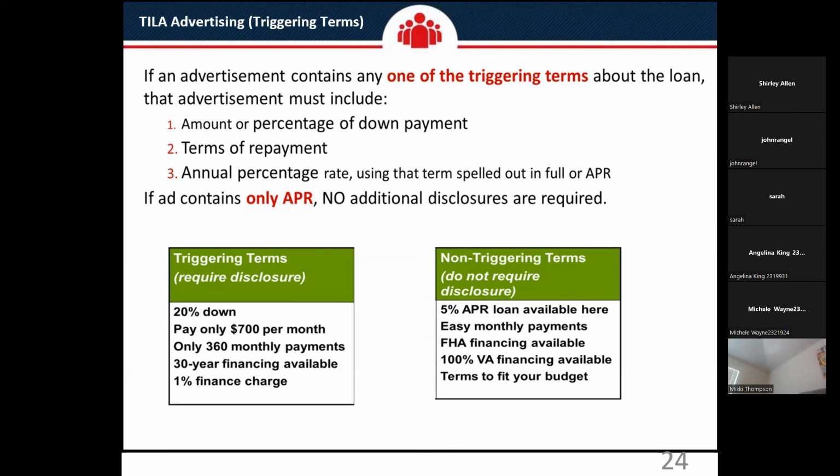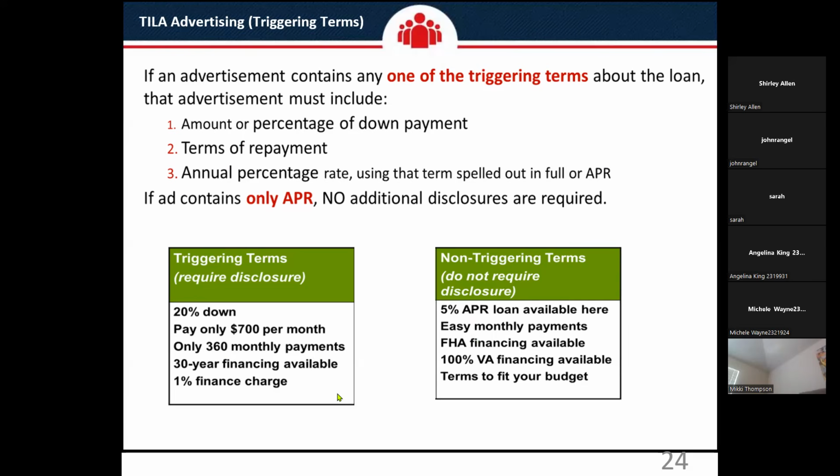Let's just take a look at the two triggering terms, because there'll probably be a couple of questions I'll ask you regarding that. Triggering terms requires disclosure. 20% down, pay only $700 a month, only 360 monthly payments, 30-year financing, and 1% finance charge. Type in the chat what's missing and why it would trigger.